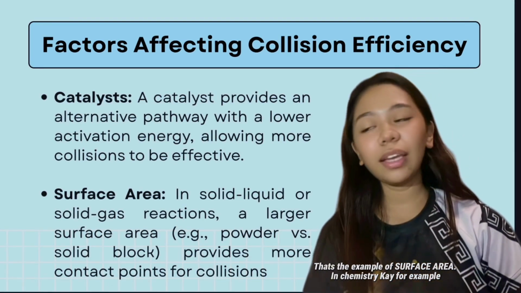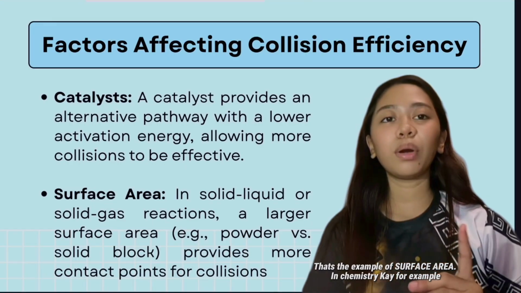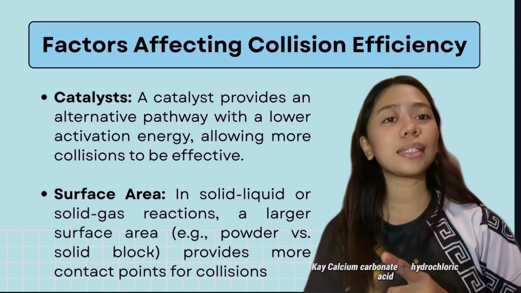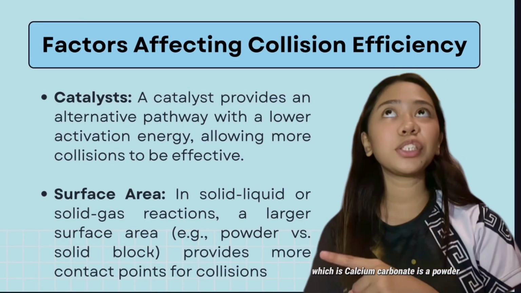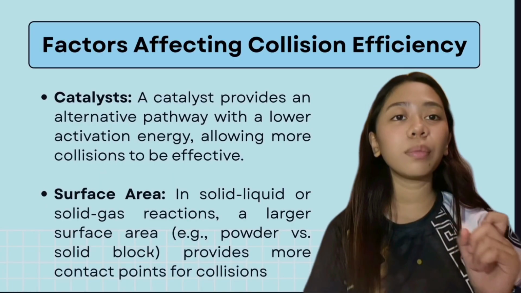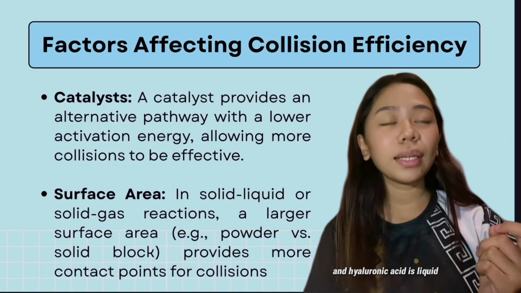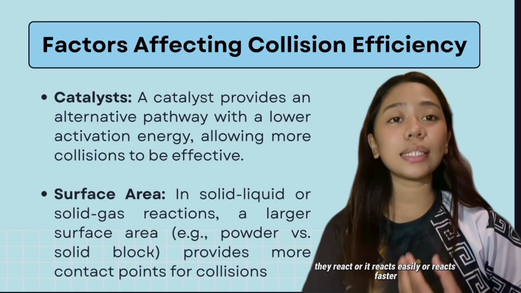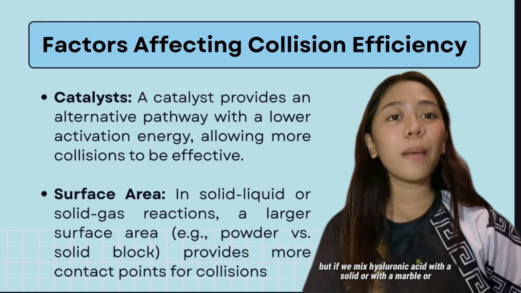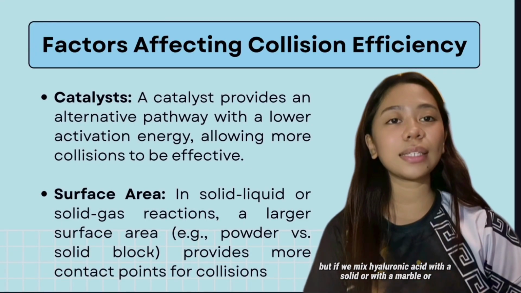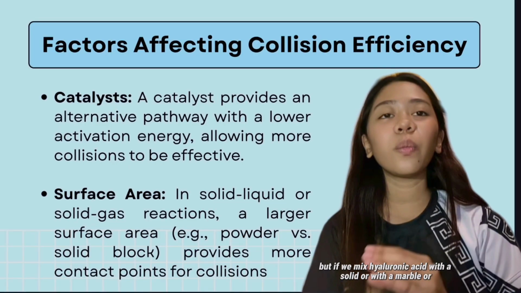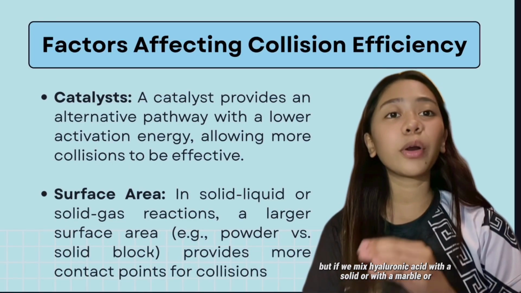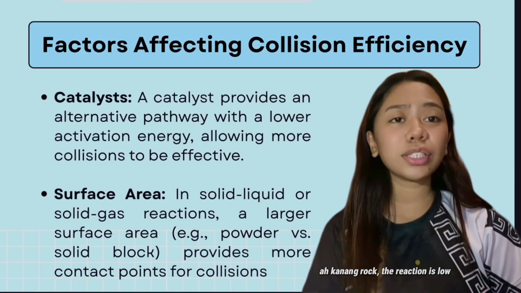In chemistry, for example, calcium carbonate plus hydrochloric acid. Calcium carbonate as a powder and hydrochloric acid as a liquid, if we mix both of them, they react easily, or react faster. But if we mix hydrochloric acid with a solid, a marble or a rock, the reaction is really slow.